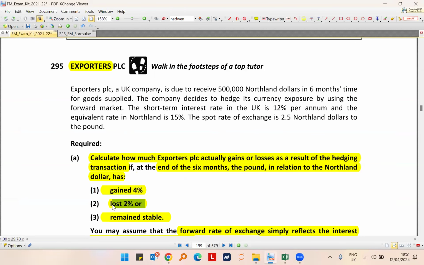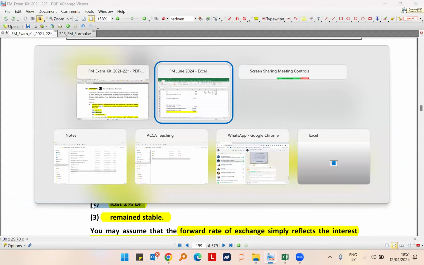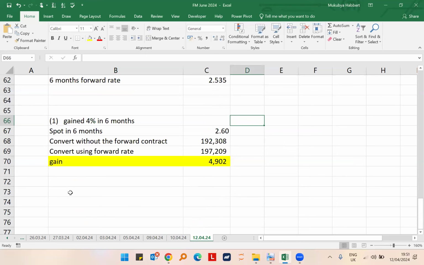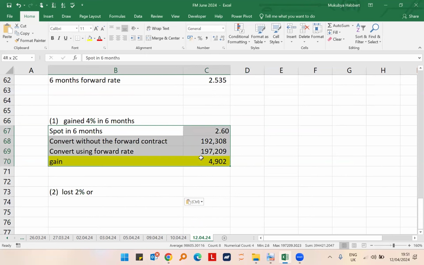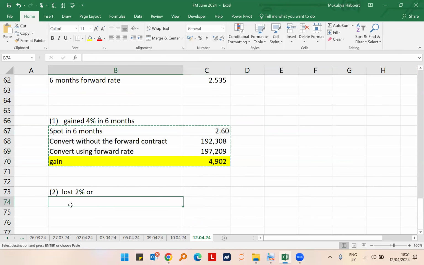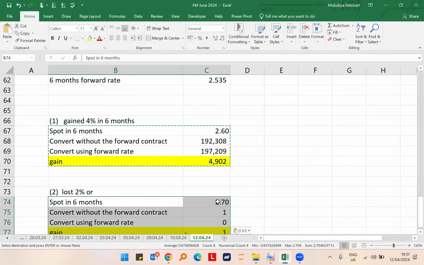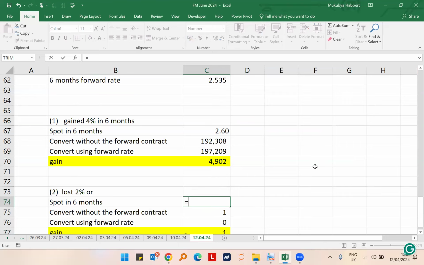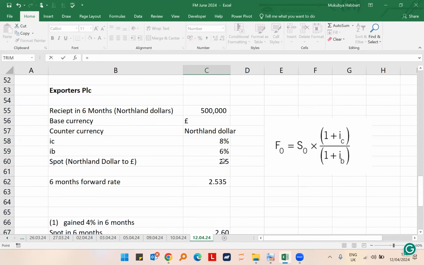What about if we lost 2%? So if the currency loses 2%, that means what I could do is actually just copy everything here. And then the spot will be the 2.5 multiplied by 1 minus 2%.